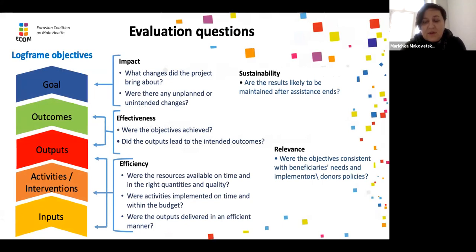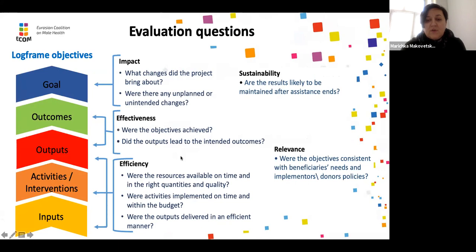If you think about evaluation, of course, we think about three very important terms: impact, effectiveness, and efficiency. Efficiency is the level of the three parts of our system, which are inputs, activities, and outputs.